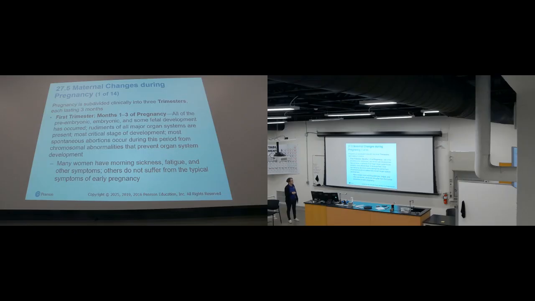In the first trimester of pregnancy, many women can develop morning sickness, fatigue, and other symptoms. Morning sickness develops, though not in all women, because the hCG stimulates the vomit center in the medulla oblongata.